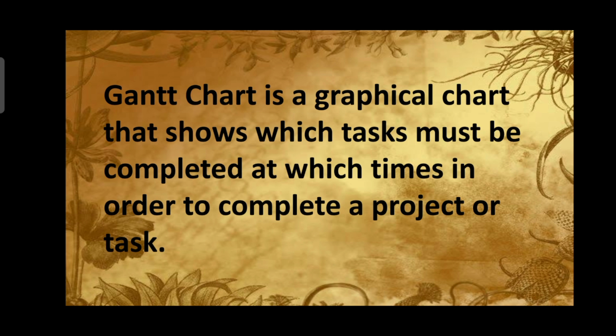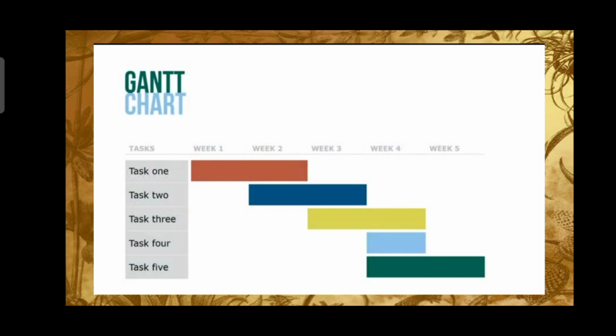A Gantt chart is a graphical chart that shows which tasks must be completed at which times in order to complete a project or a task. An example of a simple Gantt chart is shown here.